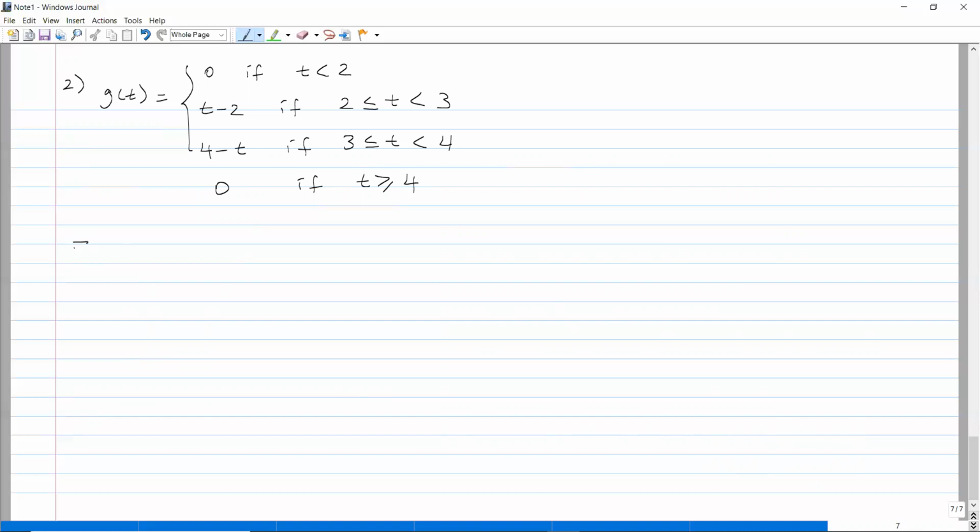So we start with 0 plus. The first discontinuity is at 2, so we take u2 times the second function t minus 2 minus the first function 0.